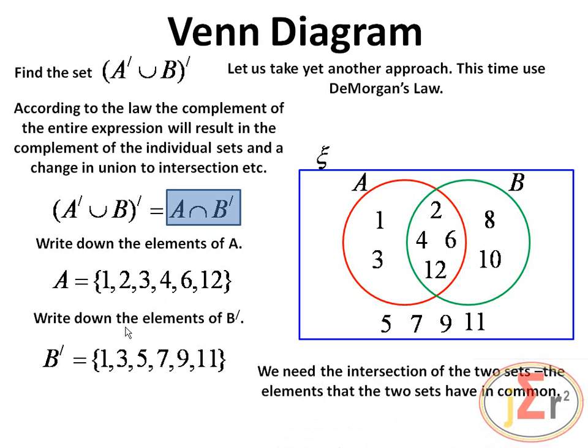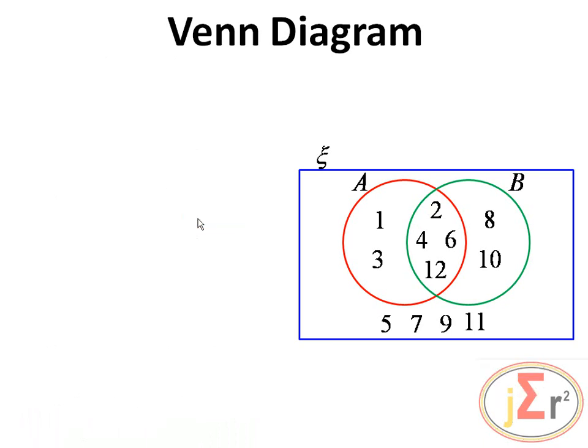What are the common elements? If we go through here, we realize that 1 is present in both, 3 is present in both, and then we may not be able to find any other element. So we have A intersection B complement is equal to 1, 3. And of course, that is equal to the result that we got on the two previous occasions.